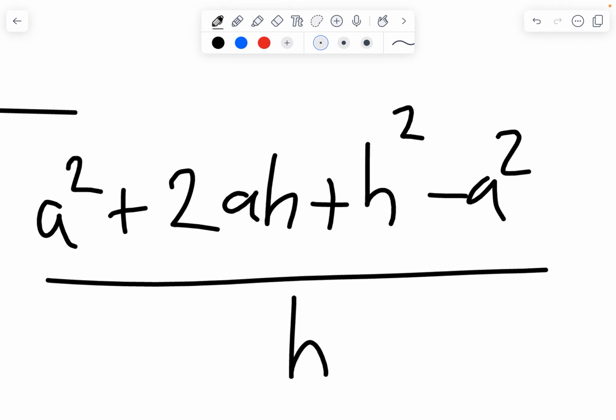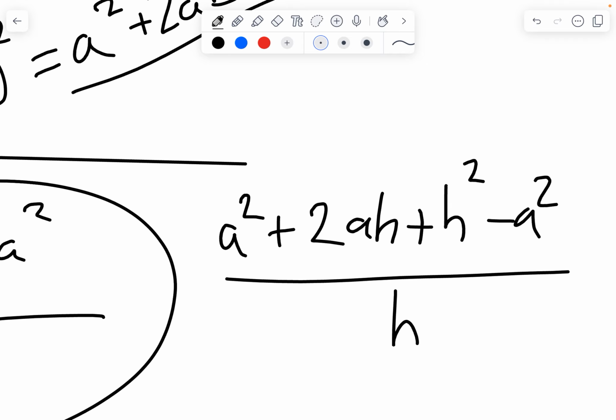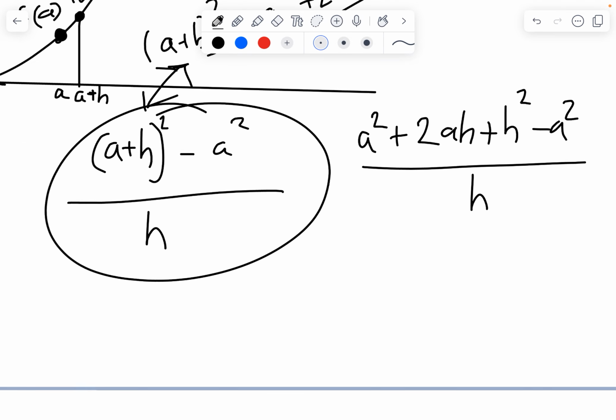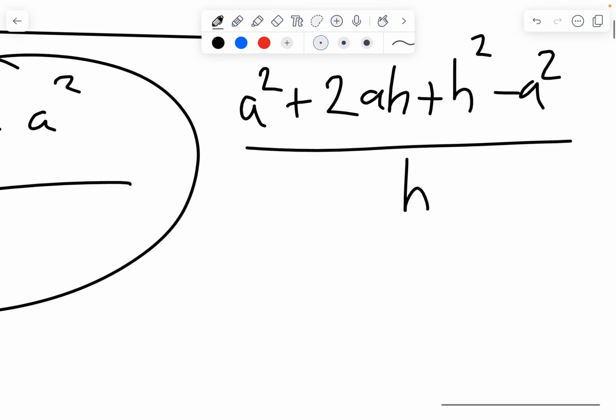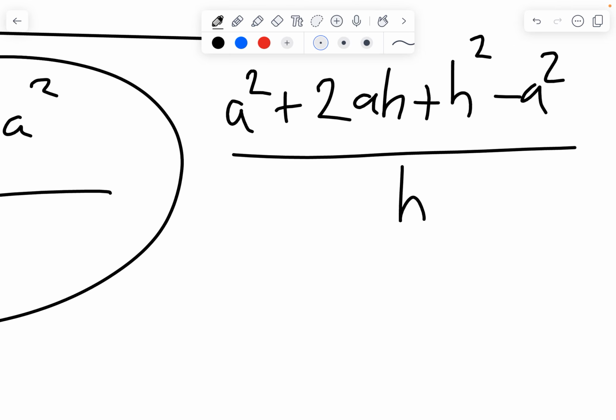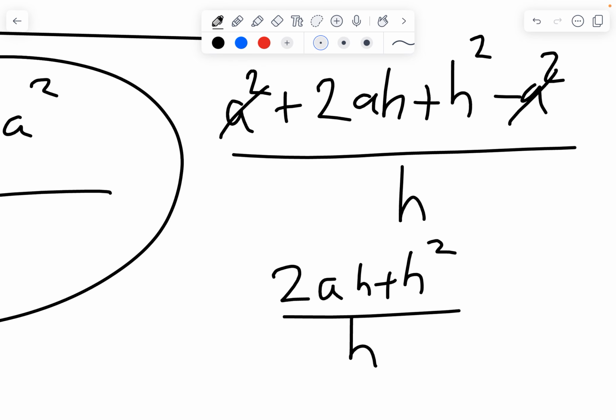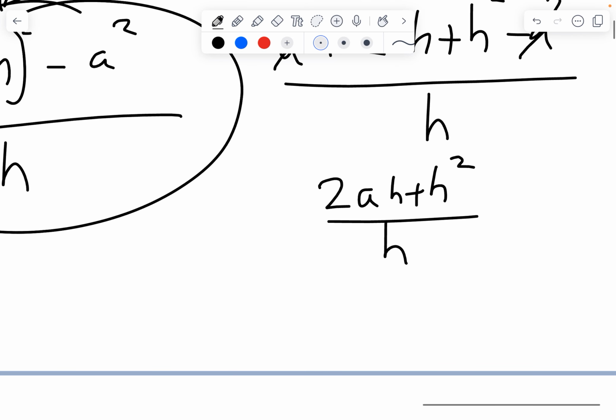Now let's go ahead and simplify a little bit more. The way we are going to do that is, well, we have a squared minus a squared, so those can cancel out. And we're left with 2ah plus h squared over h. Now we can factor out an h.